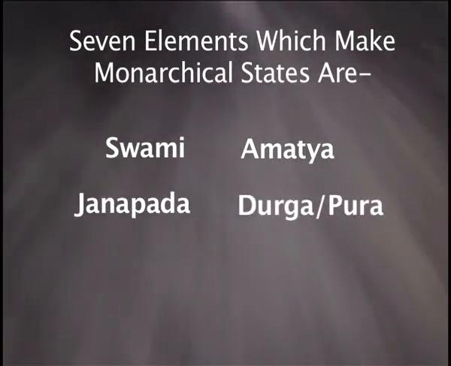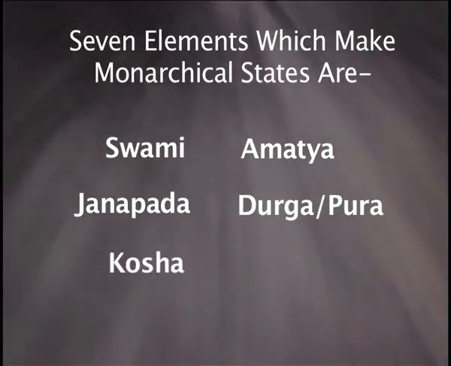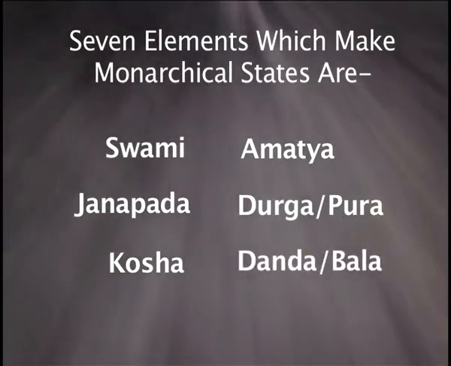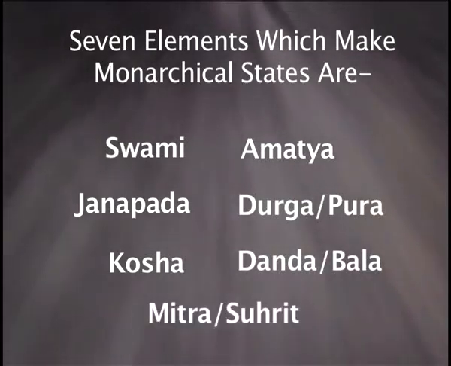Durga or Pura, that is the fortified urban area, or more specifically the capital of the particular state. Then Kosha, that is treasury. Danda or Bala, that is armed forces, and the 7th and the last is Mitra or Suhrit, that is friendly power or ally of a particular power.